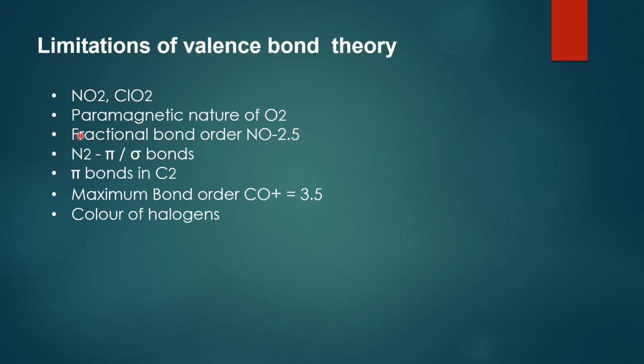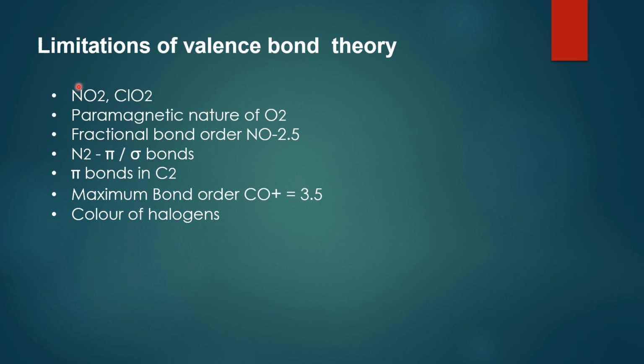The next drawback is that it fails to explain fractional bond orders. NO shows a fractional bond order, that is 2.5. The next example, CO plus, has a bond order of 3.5. Most of these molecules have fractional bond orders, right, which cannot be explained on the basis of valence bond theory.